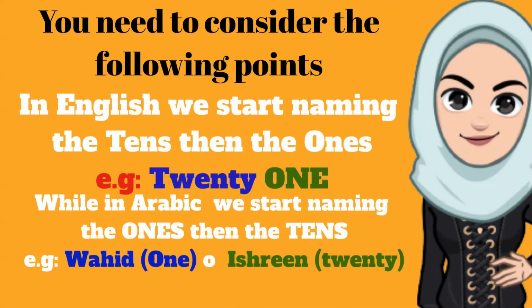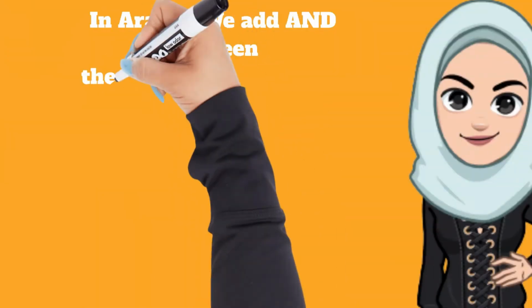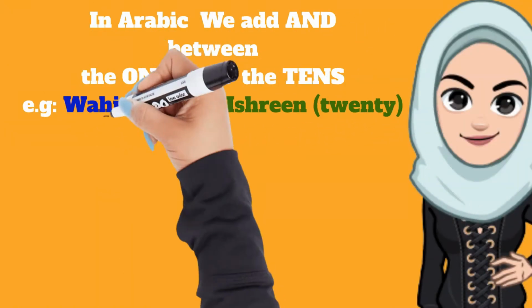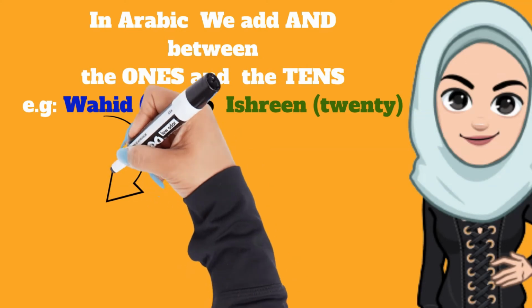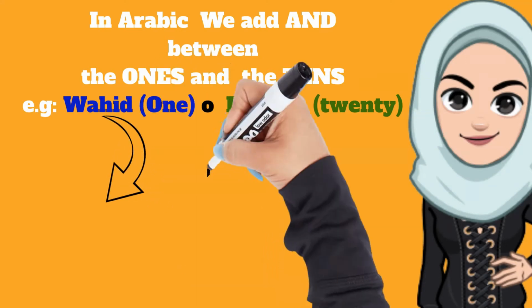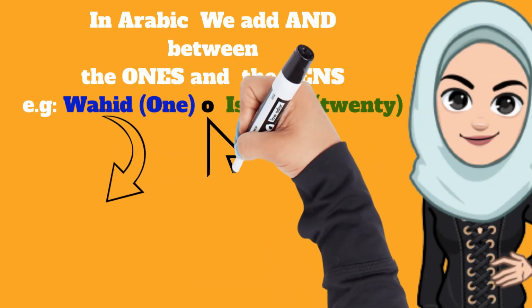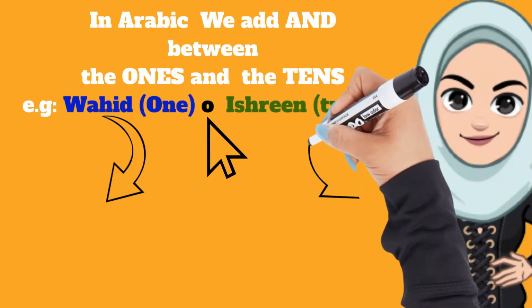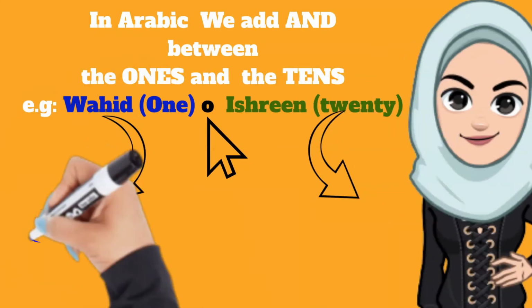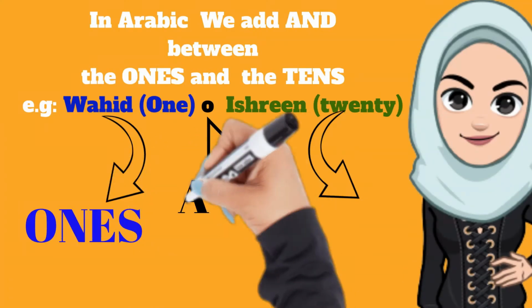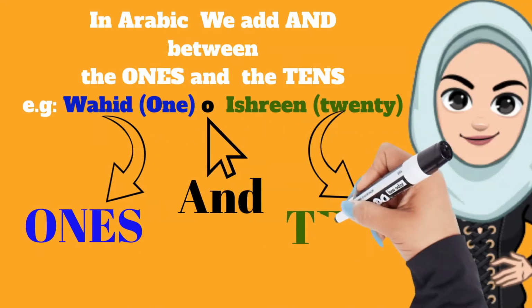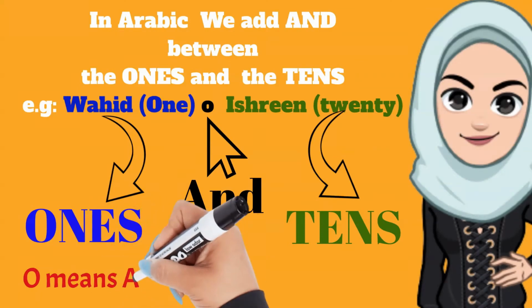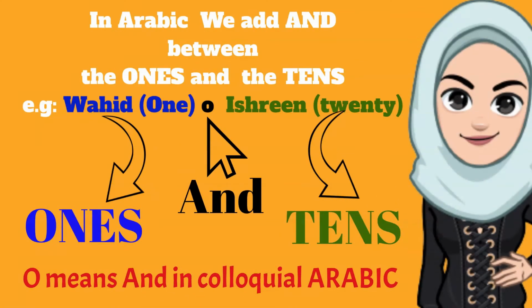That makes 21. In Arabic, we add "and" between the ones and the tens. For example, واحد و20. واحد is one, و is and, 20 is the tens. و means and in colloquial Arabic.